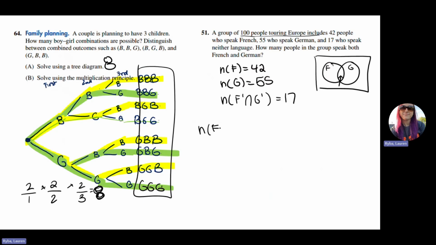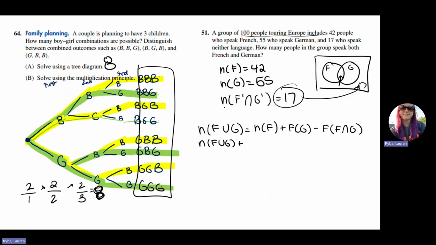The number in F union G is the number in F plus the number in G minus their overlap. Okay, this gives me the total that's in the circles. This value's outside here. So if I take the number of F union G plus this number that's outside, I'm going to get the total.